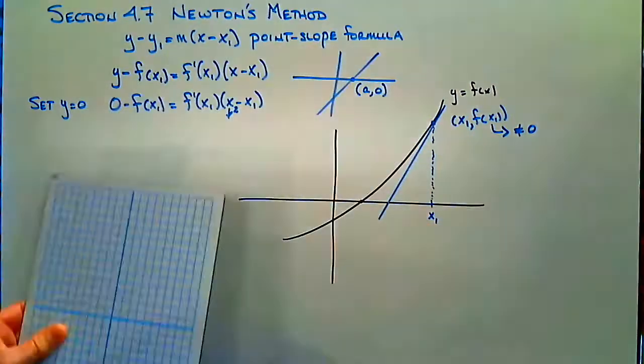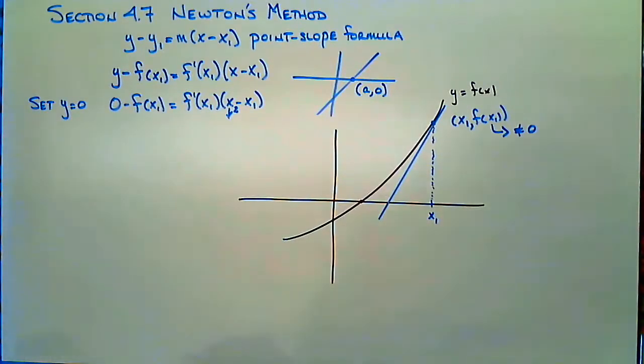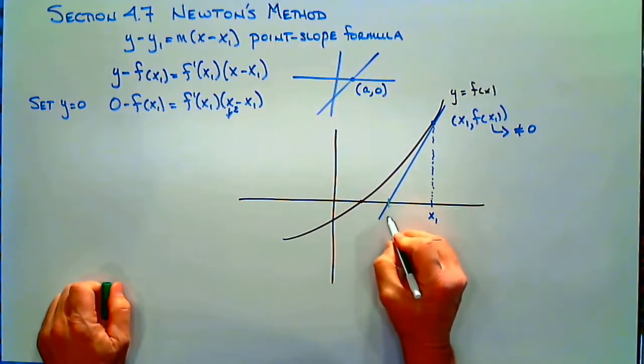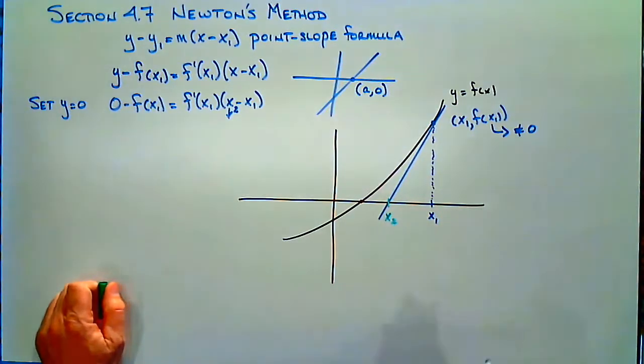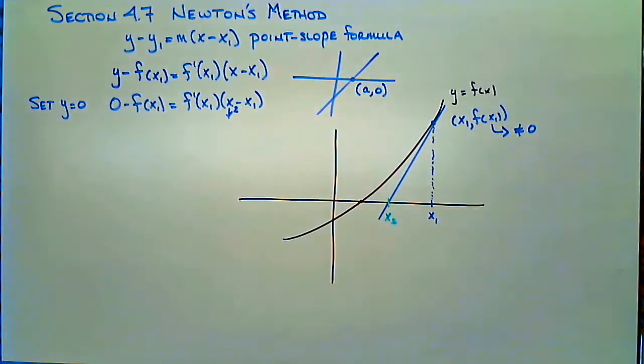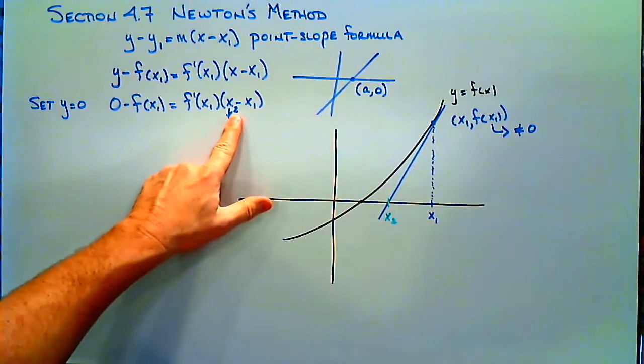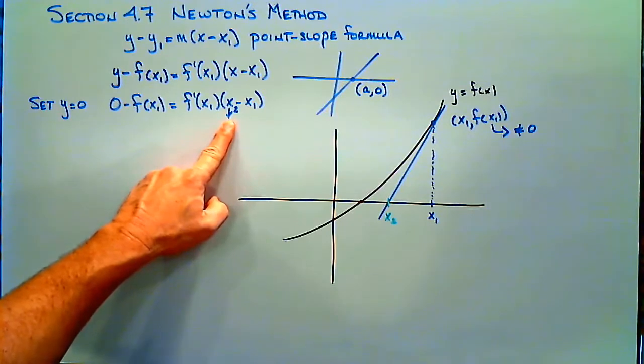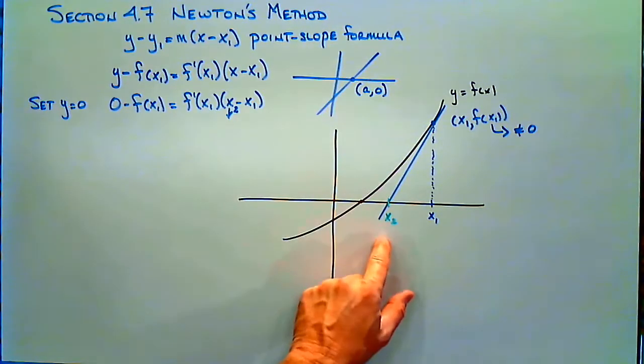If he draws the tangent line to the curve at that point, that tangent line has an x-intercept. The x-intercept is here. And we're going to call that x sub 2. That's the x sub 2 we found right here. We let y be 0. X is going to be x sub 2. That's going to be our next x-intercept.